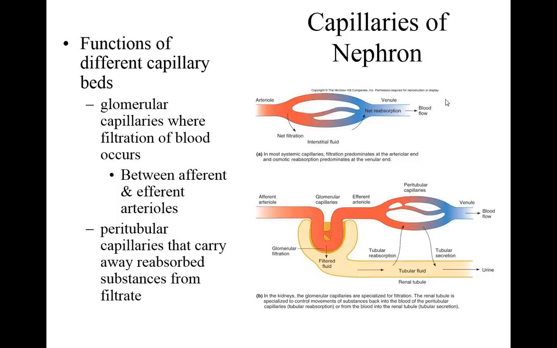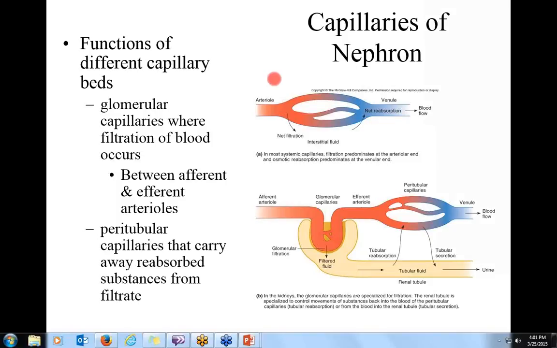Okay, here's my mouse. Functions of the capillary beds. So up here is the peritubular capillaries, and notice it goes from arterial end to venous end. So this is going to provide nutrients and carry away or reabsorb substances.